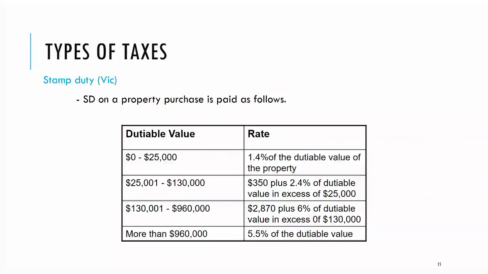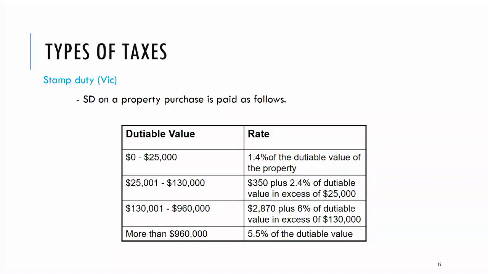Next one, stamp duty. Stamp duty on a property purchase is paid as follows. If its dutiable value is less than 25,000, you have to pay 1.4% of the value. Between 25,000 and 130,000, it's 1.4% up to 25,000 plus 2.4% above that.